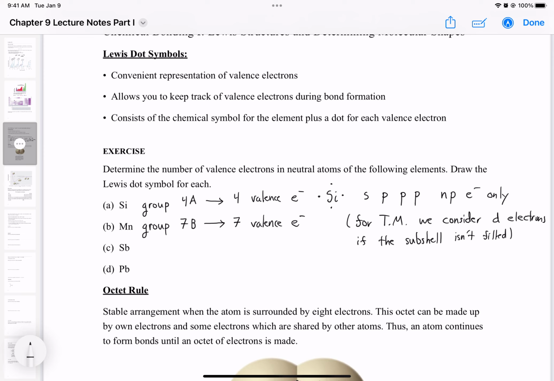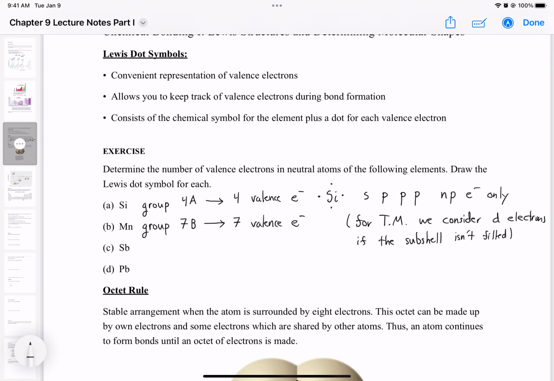So usually we don't consider the d electrons unless the subshell isn't filled, and that's why manganese has 7 valence electrons. That makes sense, because manganese has oxidation states like +2, +4, +6. To be able to have +6, it must have more than 6 valence electrons.